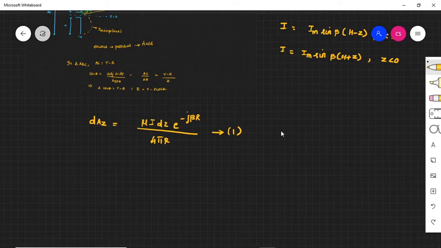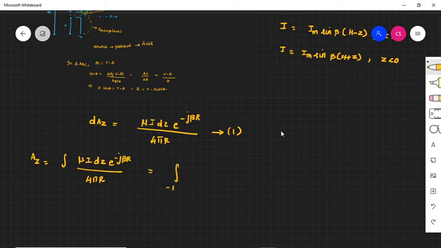Now to find Az, what do we need to do? We will take the differentiation to the right hand side. So from this we get Az is equal to integration of mu I dz e power minus j beta r divided by 4 pi r. Now this integration is in two limits. We know that the height is 2h, one is from minus h to 0 and the other one is from 0 to h.